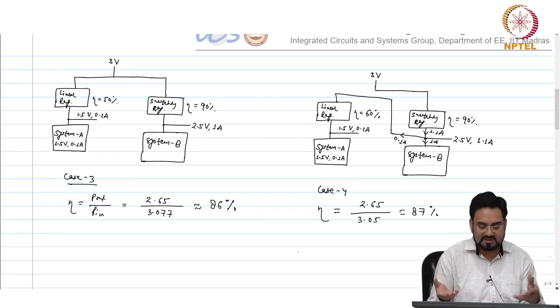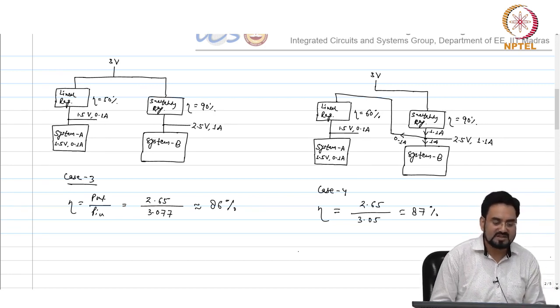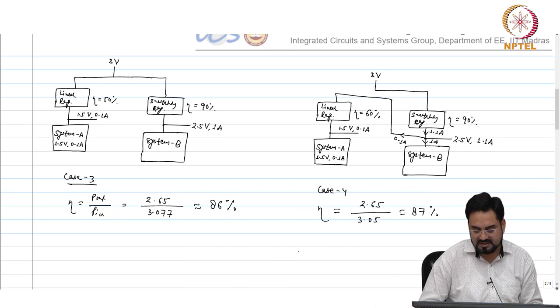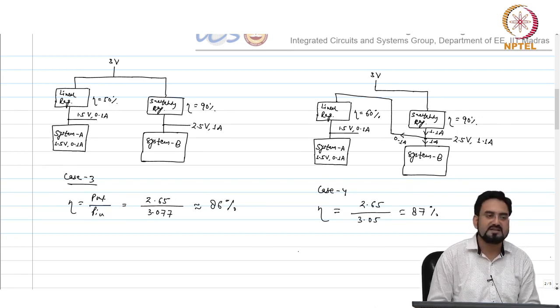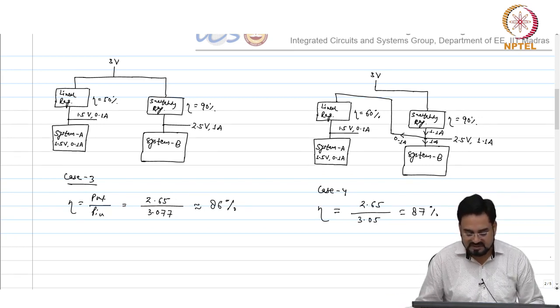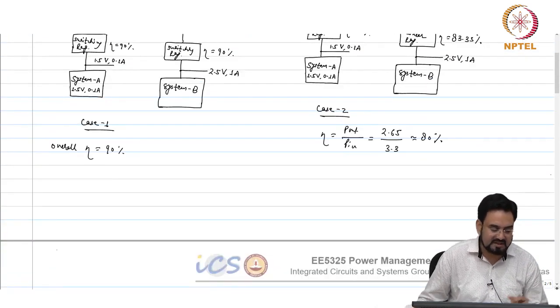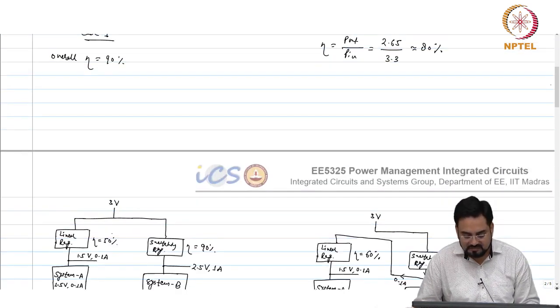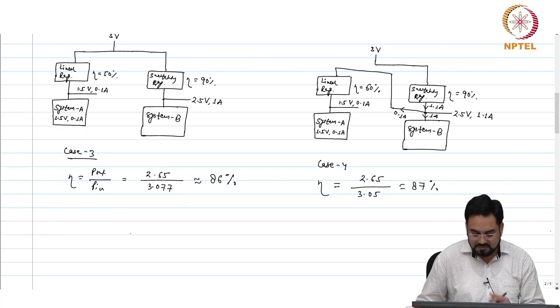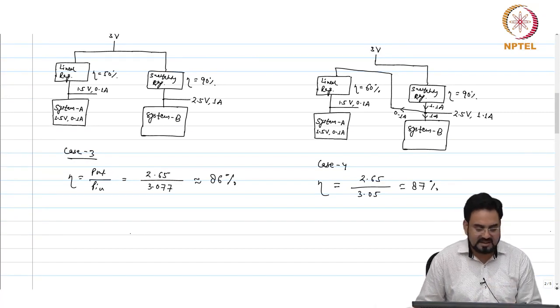Both are using one switching and one linear. So, in terms of cost there will be hardly any difference, but we are able to achieve 1% more efficiency, which is getting us closer to both switching regulators, which gives me 90%. So, that is how we decide where to use switching and where to use linear regulator.